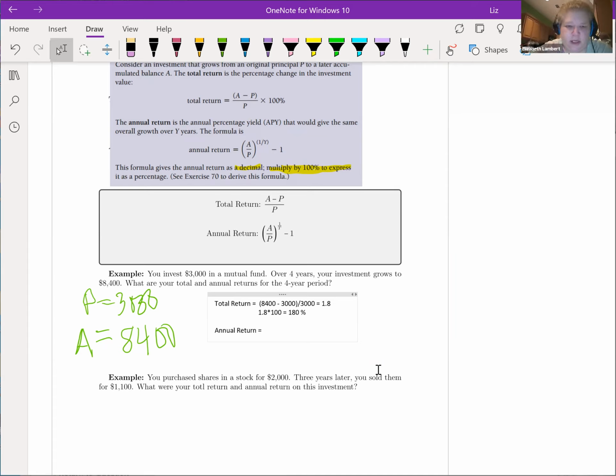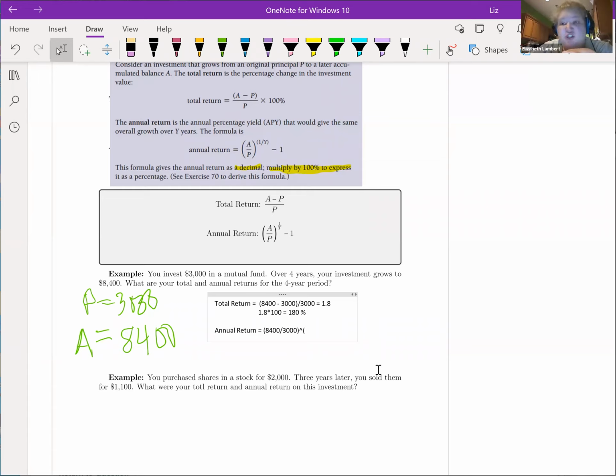Now the annual return is a little bit more peculiar of a formula. So I have the A over P, the 8,400 divided by the 3,000. And now we're going to raise that to a fraction. So a fraction as an exponent is just a different way of writing a square root or a cube root or a fourth root, whatever the number of the root would be.